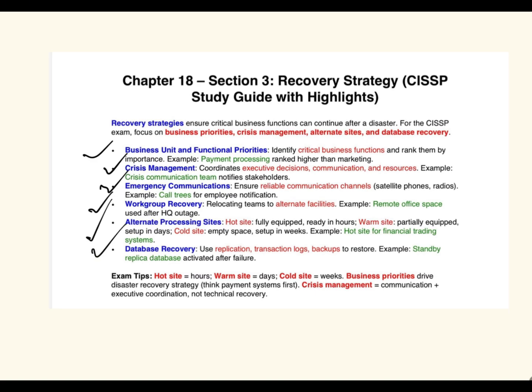Methods: replication, backups, transaction logs. For example, a standby replica database is activated after failure, and point-in-time recovery restores using transaction logs. So recovery equals replication plus transaction log plus backup. That's it. Very important topics for the CISSP exam.